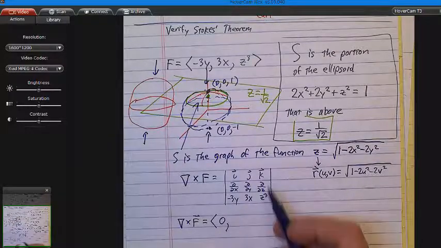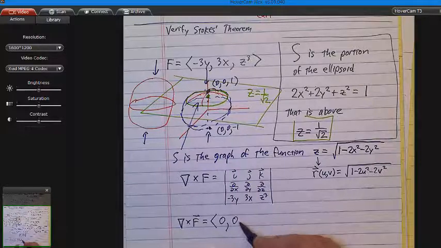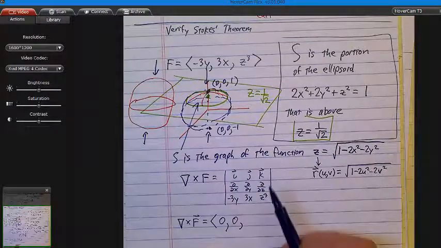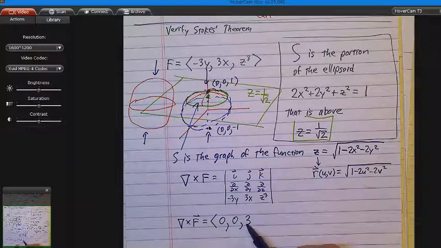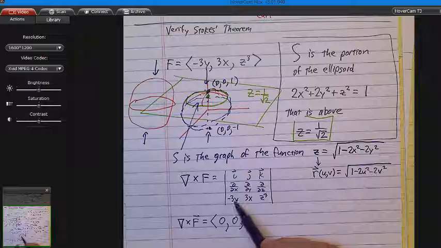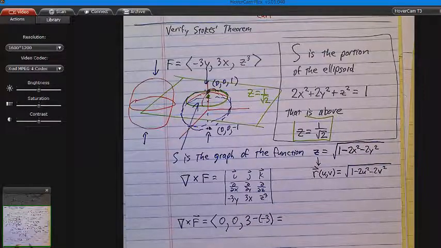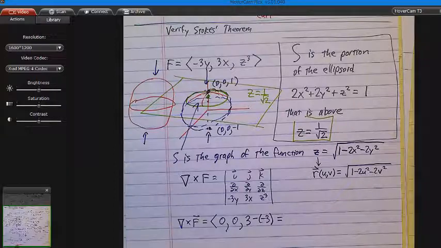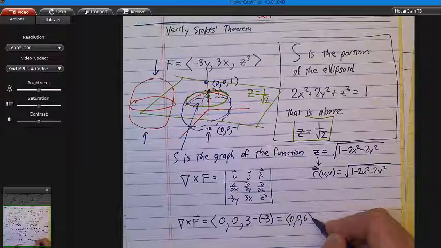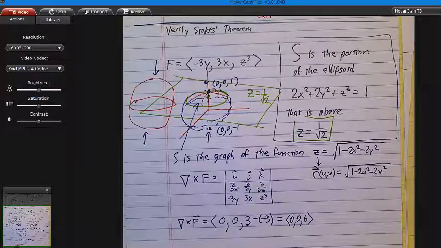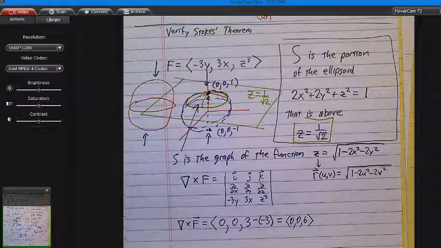When I do j, partial in x of z cubed, partial in z, and when I do k, 3 minus negative 3. So this is, well, how do you want to write it? 0, 0, 6. Is that okay? That's one way to write it. Okay.